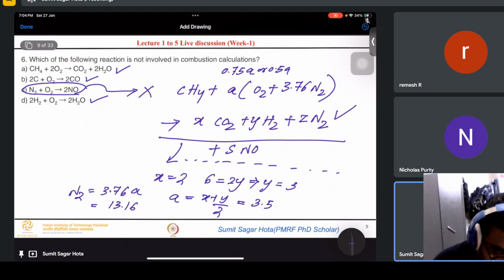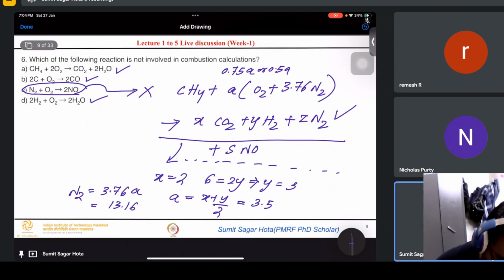That's the reason why for different engines we are using superchargers, turbochargers, all these things. Why? So that we can reuse this gas, whatever this formation is, and by reusing this, we don't have any NOx formation.